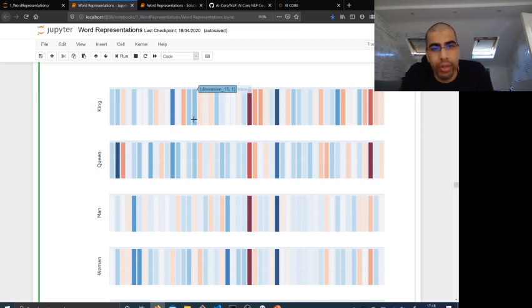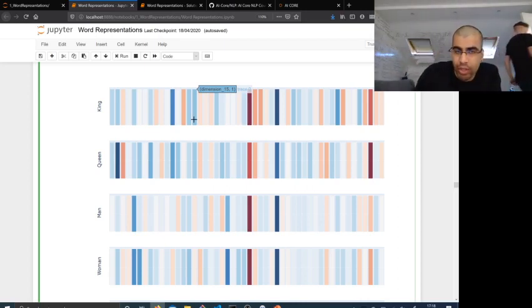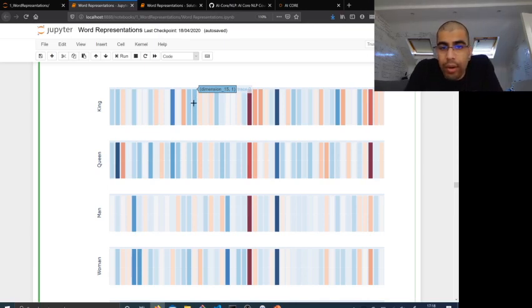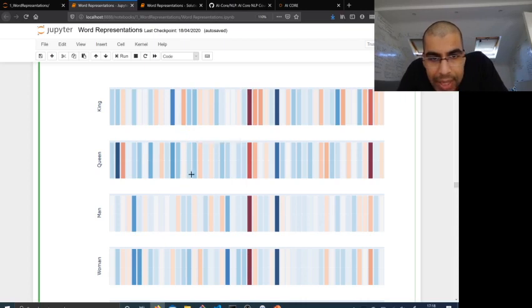If we were to plot prince or princess or baron or dame, then looking at these two examples, I would expect this 15th dimension to be of a similar color. Similarly, there might be some kind of correlation between queen and woman, and I think 16 might be some kind of encoding of that. Also, 5 looks like we have similar things which we don't have in man, and for man and king.